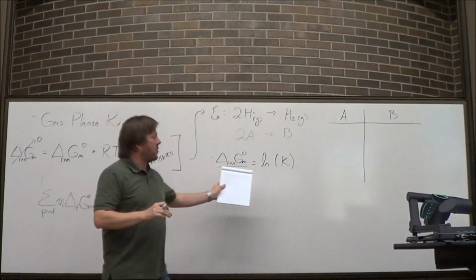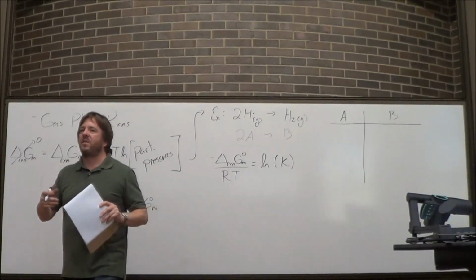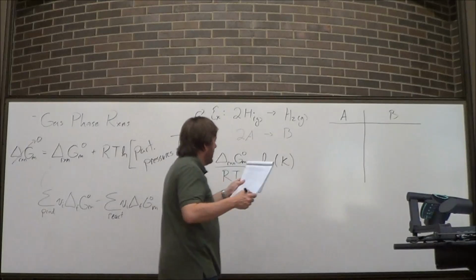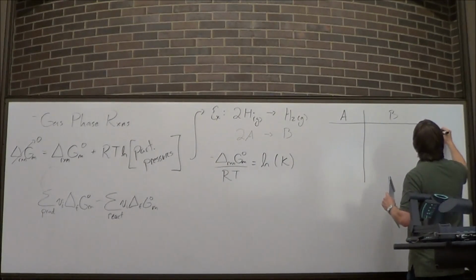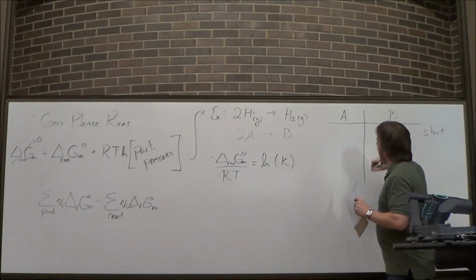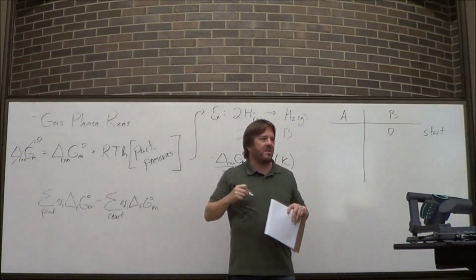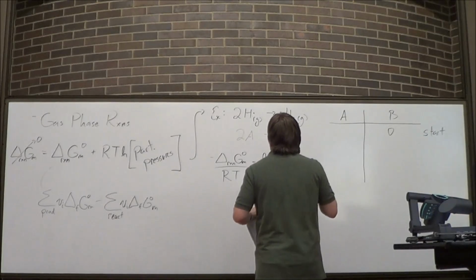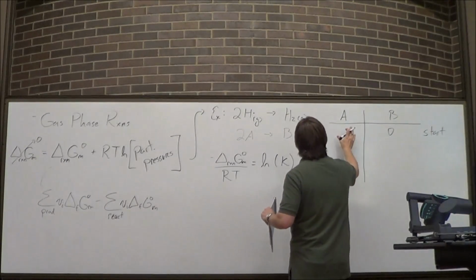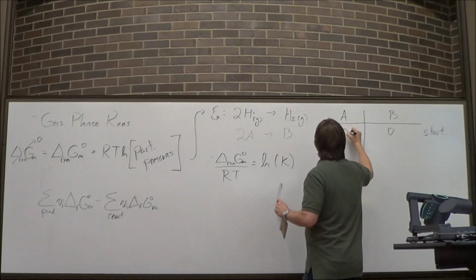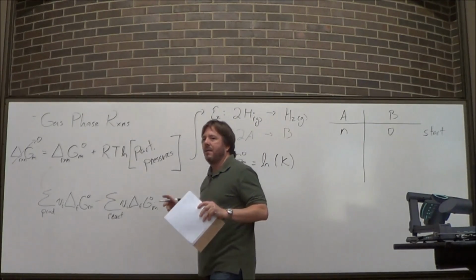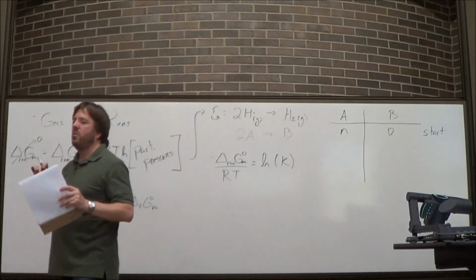If I asked you to create K, given all the stuff I'd say, I would give you the table and remind you that you want to figure out the number of moles at the start. And of course, you don't have products, so put a 0. And no matter how you do the reactants, you're going to get the right answer. So let me do something a little odd. I'm just going to call it N. Now, that's a little odd because you might want to go with 2N.